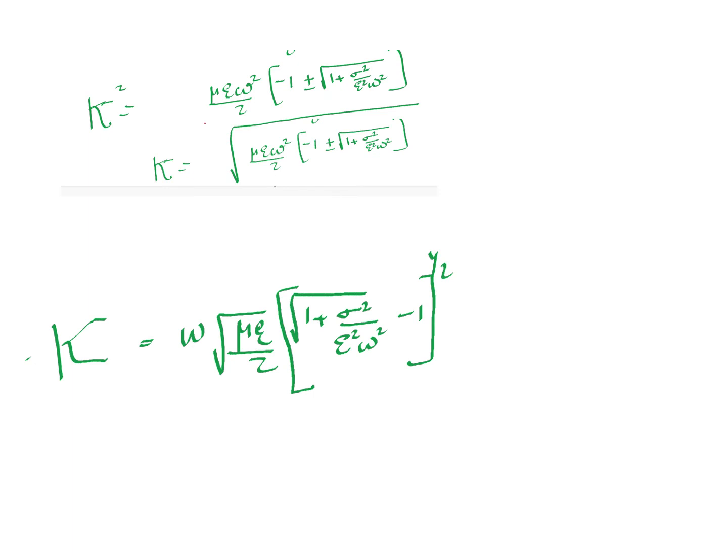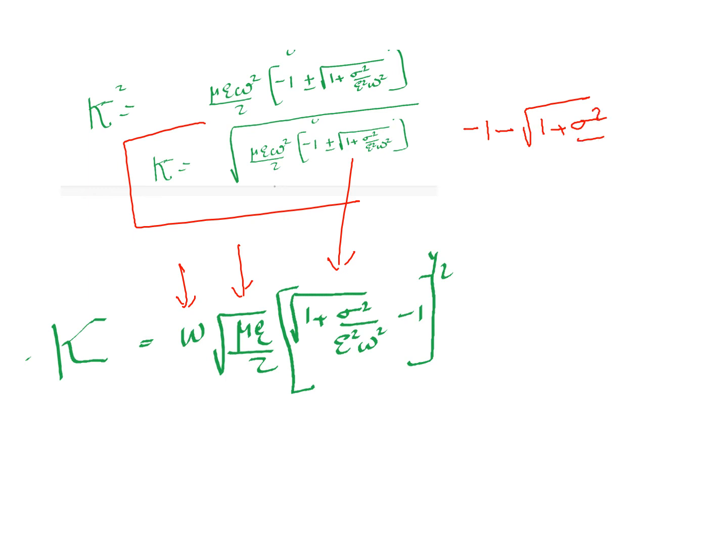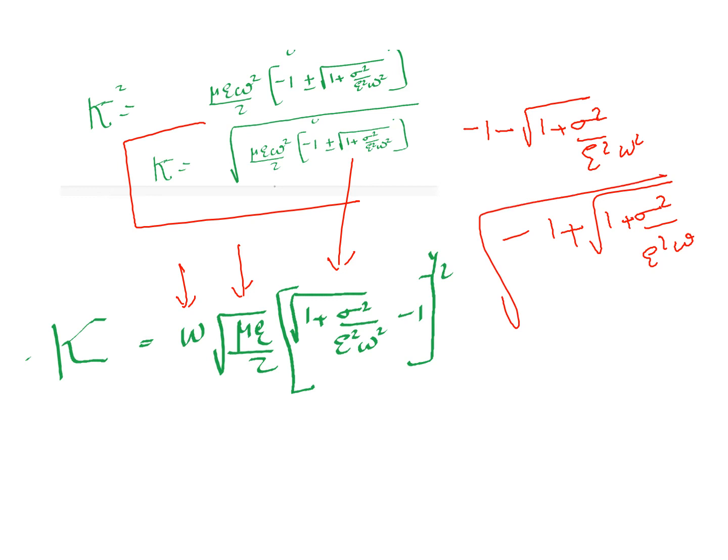So you can see that the value of kappa is root of mu epsilon omega square by 2 times root of -1 plus or minus root of 1 plus sigma square by omega square. We're taking the real part only. So omega square root is omega. Root of mu epsilon by 2 is already in here. Then there are terms like -1 minus root of 1 plus sigma square by epsilon square omega square, and -1 plus root of 1 plus sigma square by omega square epsilon square, and this is under root.